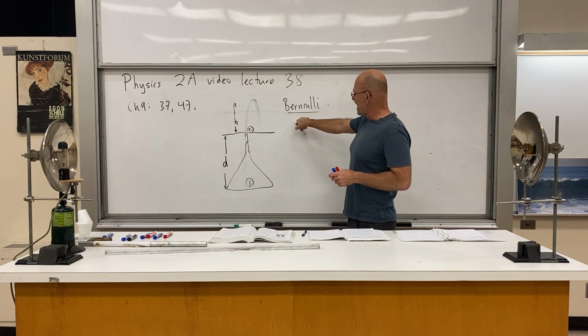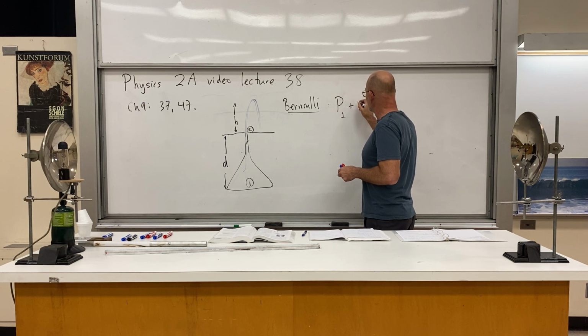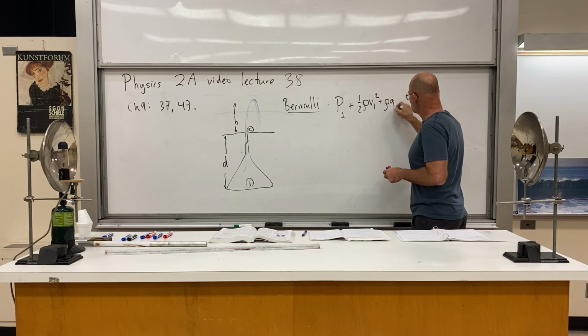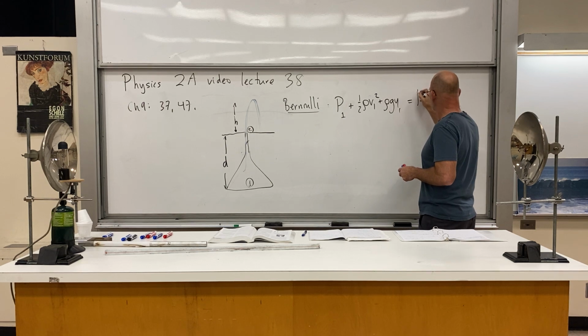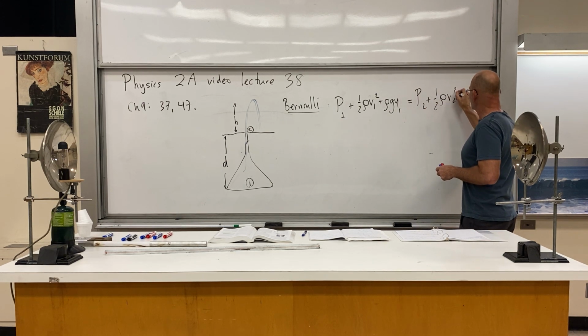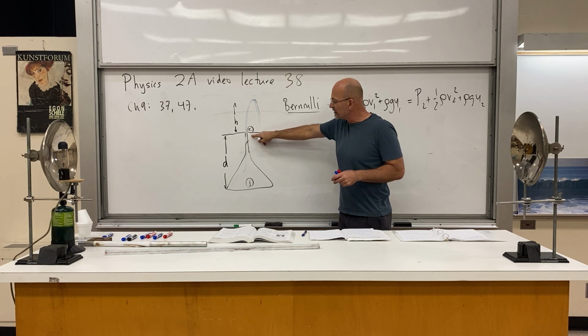So we would have P sub 1 plus 1/2 rho V sub 1 squared plus rho g y sub 1 equals P sub 2 plus 1/2 rho V sub 2 squared plus rho g y sub 2. Okay, point 2 is right at the surface.